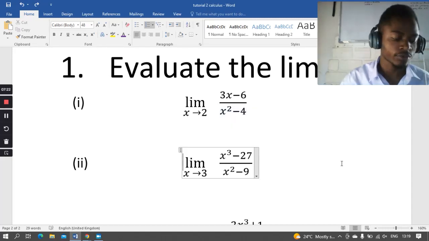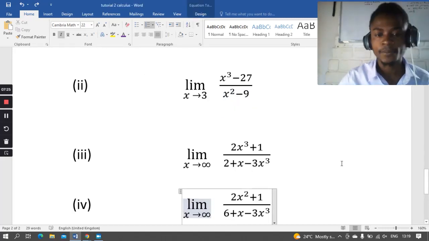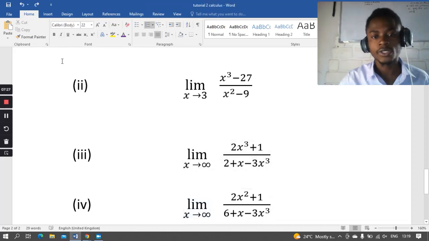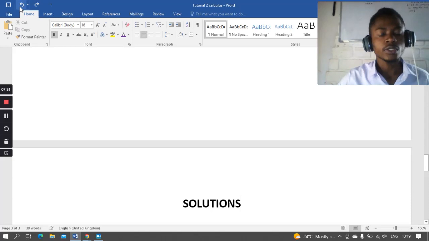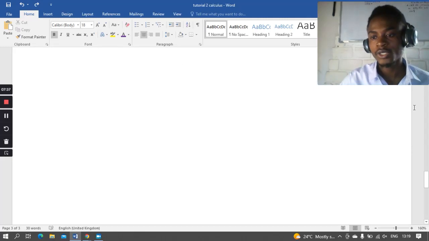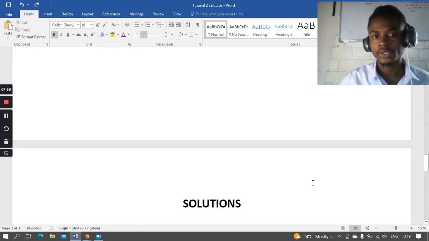Okay, so I'll quickly do my work and I'll just write solution there. I do believe we can all see the solution part right there, because some of us might not see it.